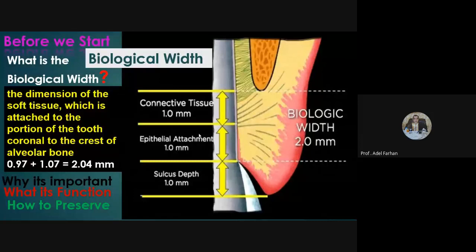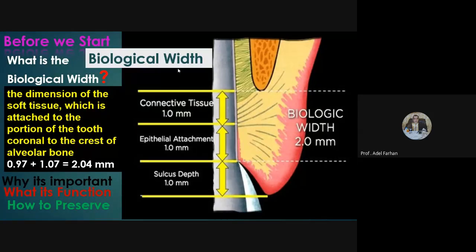Now we have the biological width. So that you do not cause any damage to the gingiva during your work, you have to know what we mean by biological width.